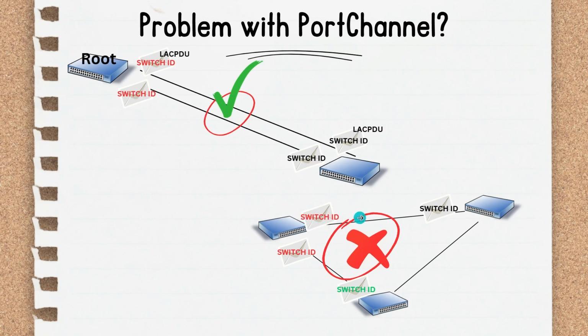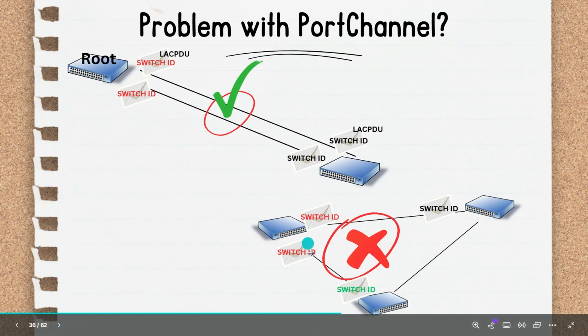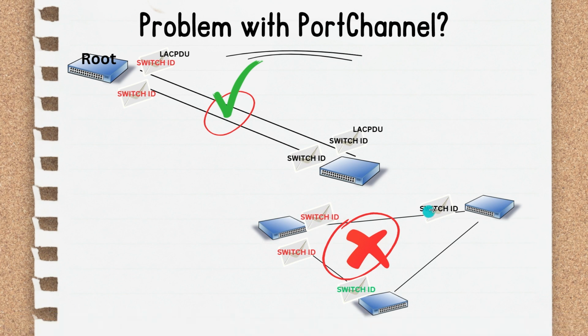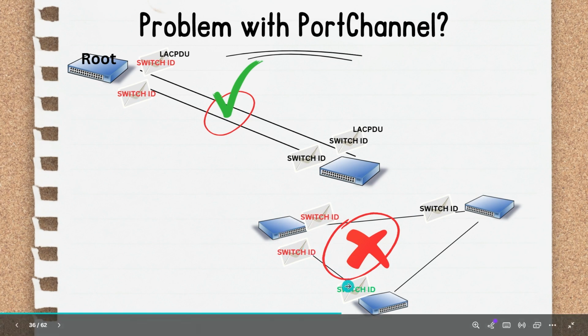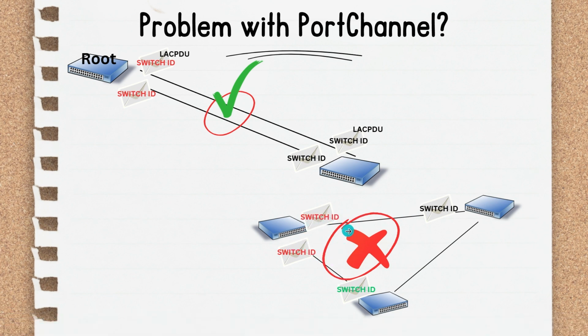If we want to bundle these two ports, this port will receive the switch ID colored black. Obviously that's a numerical value, but for the demonstration I have used this color analogy. And this port will receive the LACPDU with the switch ID colored green. Obviously those pairs are different, so it can't form the port channel over here.